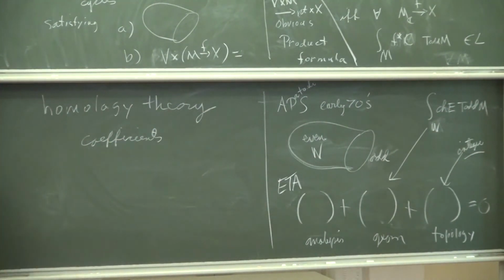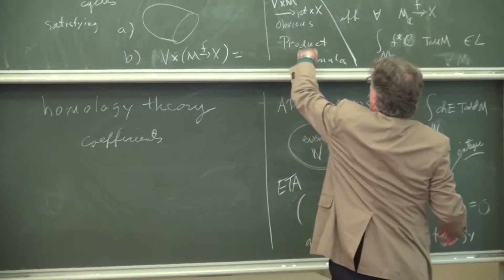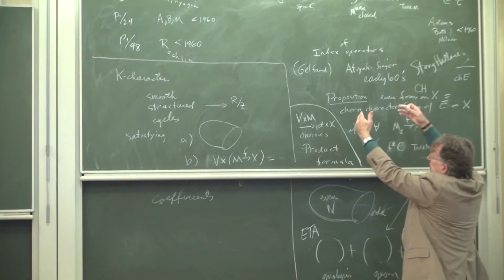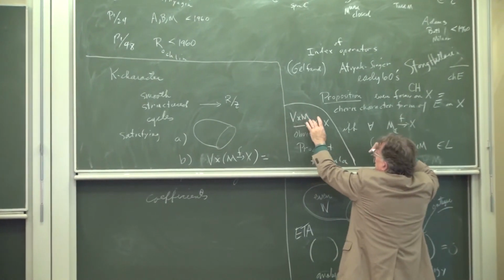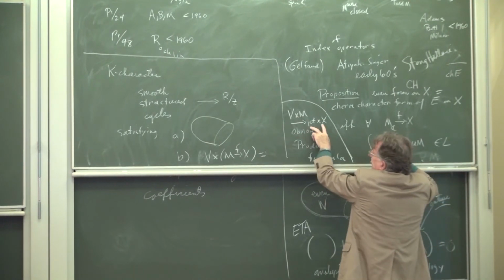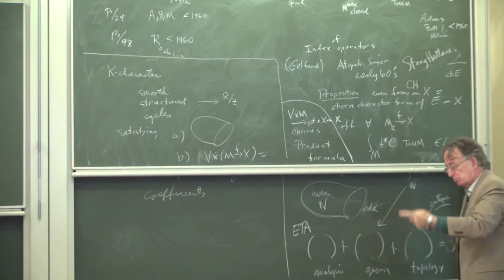And then you can build homology theories out of other ones. So for example, if you look at this theorem here, there's a natural product structure. If you take one of these problems and cross it with another closed manifold, so you take V mapping to a point, M mapping into X, and you take the product mapping into a point cross X, which is still X. So there's a natural module structure.